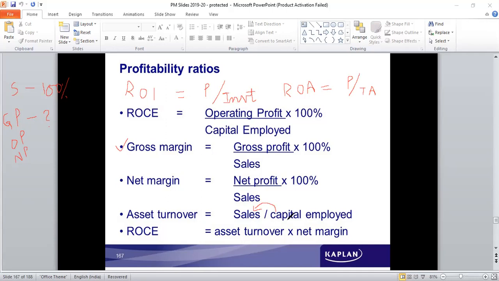So asset turnover ratio is sales by total assets or sales by capital employed. That indicates that the investment into assets is not blocked there, but is helping in realizing sales.